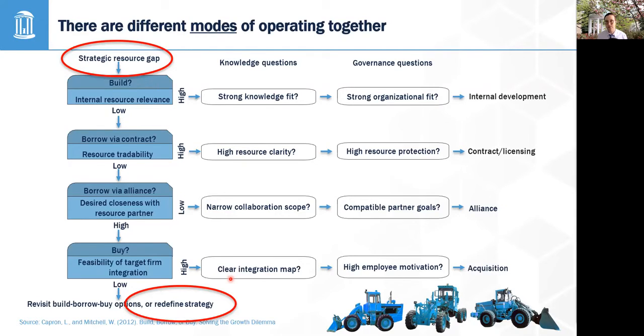And you need to know what you're going to do with those resources. So that could include a plan for divestiture as part of your integration map. If you don't have a clear integration map, it's usually because you either haven't identified your strategic resource gap, or if you have identified that, you still don't have a clear map. It's because you haven't thought about all of the unnecessary resources and what to do with those.